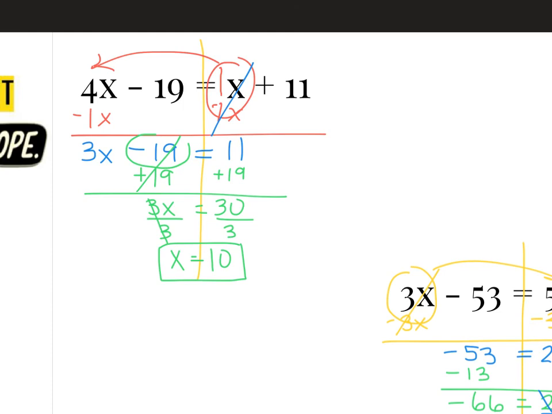Okay, so now what do I end up with? On the left side, I have 55x plus 5x, that's going to be 60x. And on the right side, negative 41 minus 19 is negative 60. Okay, so from here, I still need to divide by 60, and x will equal negative 1.